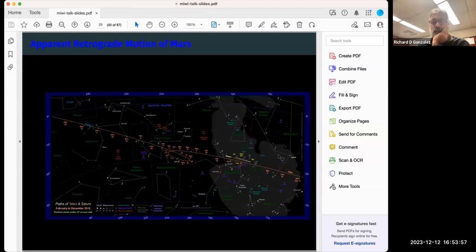It turns out that if you were to follow Mars from February through December for about a year, the orbit in the night sky seems to do these little curlicues. See, it starts on the far right. That's where February 17th and February 27th are. It kind of moves along, and around June it makes a little curlicue. So by October, it was about the same place it was in June.